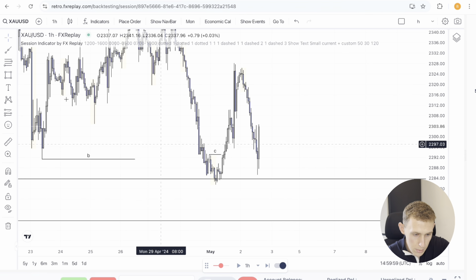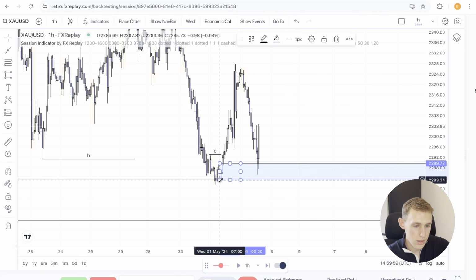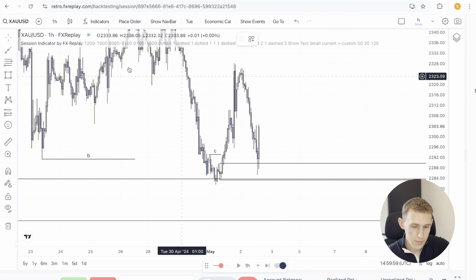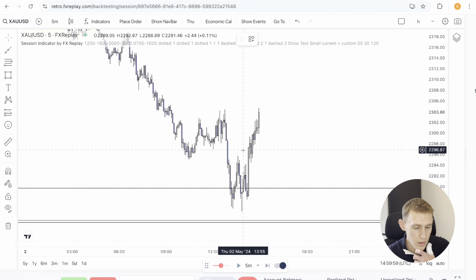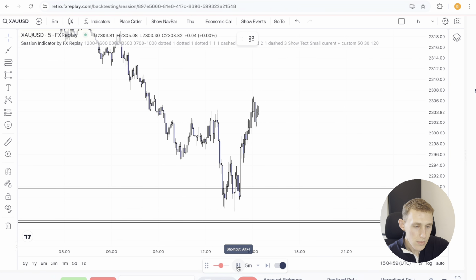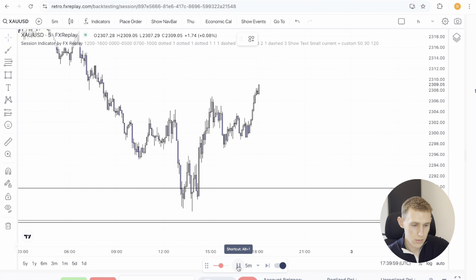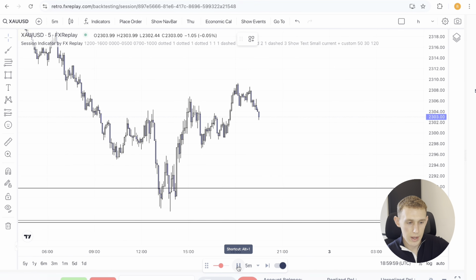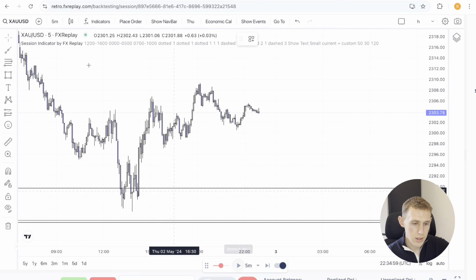Okay, so it's come down. We've held this area of demand. Did flip bullish just there, but there's not a clear entry POI here. Still nothing I would take just there. So let's just see how it plays out.